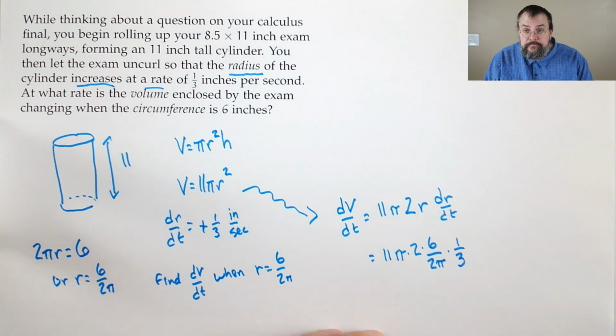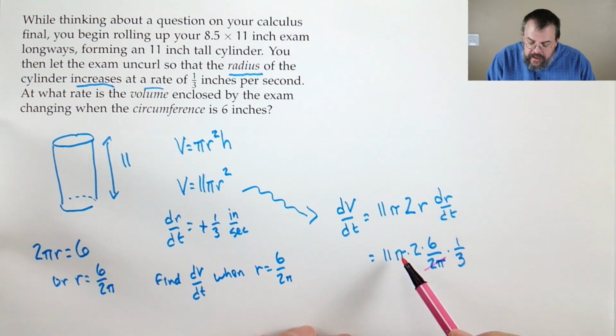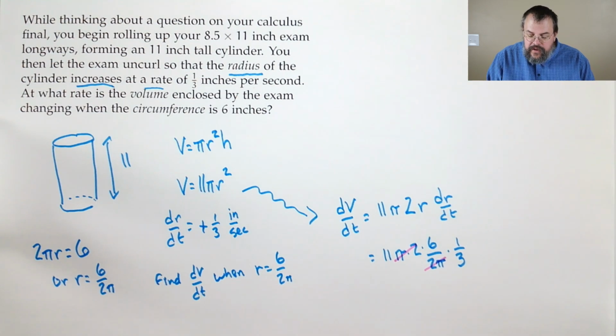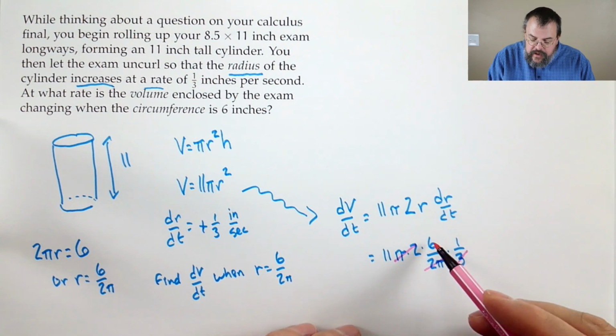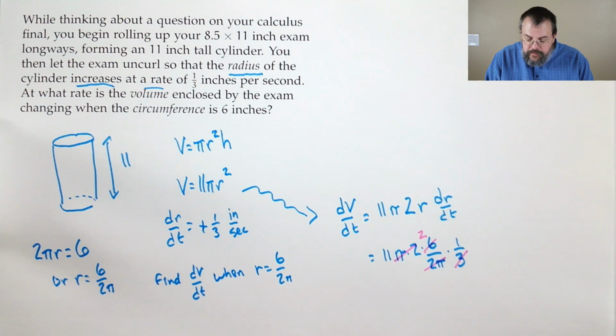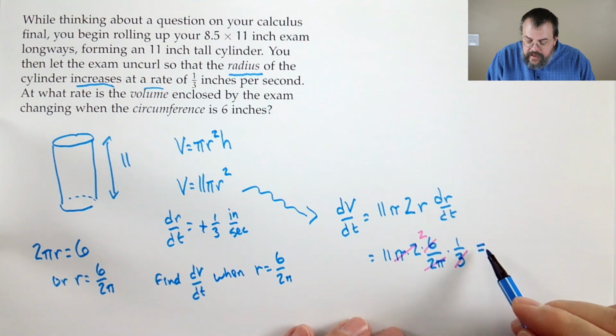All right, now, hopefully, some things simplify. Well, yeah, 2 pi is pi times 2. 3 goes into 6, leaves a remainder of 2.